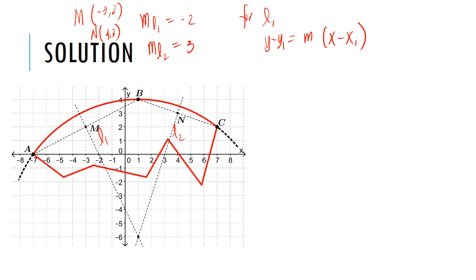So for line 1, we use point M. So we have y minus 2 equals the slope of line 1, which is negative 2, times x minus negative 3. So that would become negative, negative, positive 3.